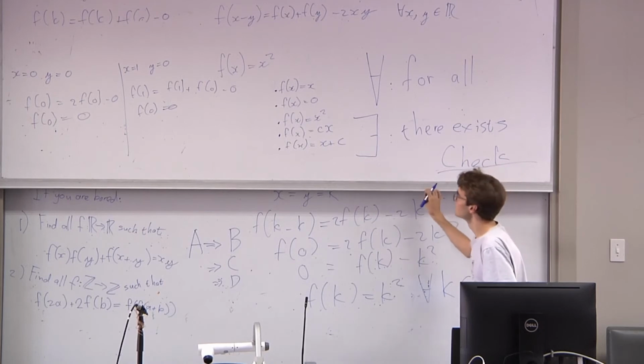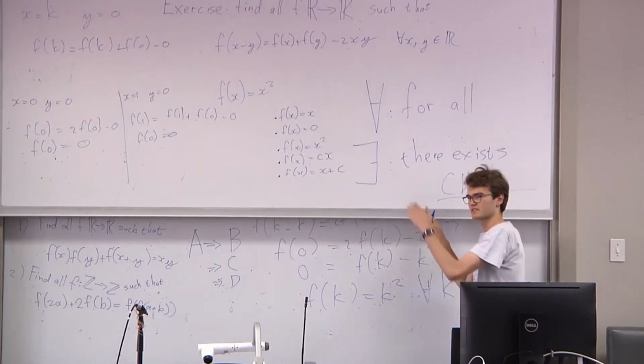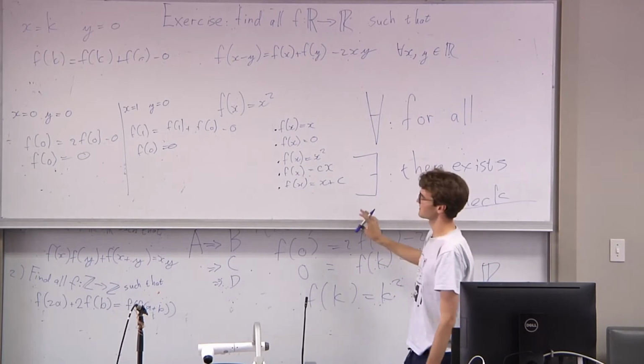Yeah. So you take your possible solutions, you list all of them down. In this case, it's only f of k equals k squared.